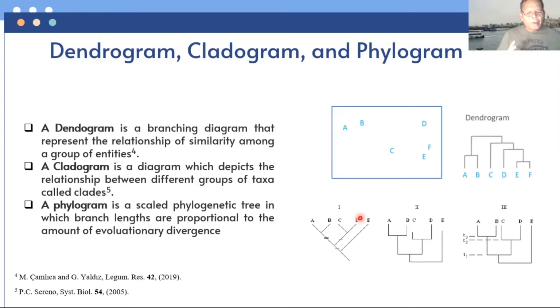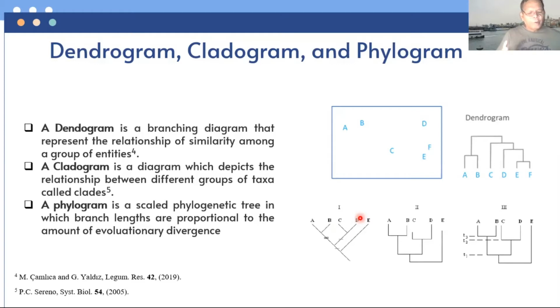In the past, cladograms were drawn based on similarity in phenotype or physical trait among organisms. Today, similarity in DNA sequence among organisms can also be used to draw cladogram.